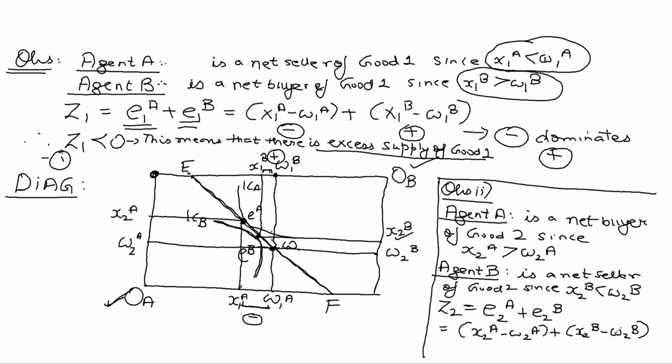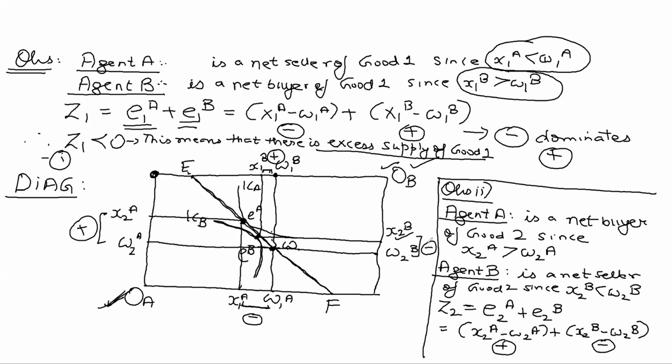Now, if you again look onto the diagram, X2A minus omega 2A is positive. X2B minus omega 2B is negative. If you look at it from A's origin, X2A minus omega 2A is positive. From B's origin, X2B minus omega 2B comes out to be a negative term.